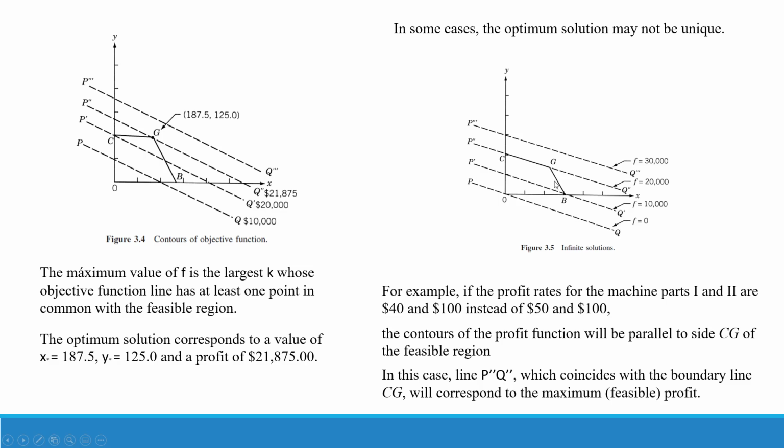Where is the difference? The maximum profit we can get in the last equation is at only one point, but in this picture there are many possible solutions with this equation. It means there is not only one possible solution.